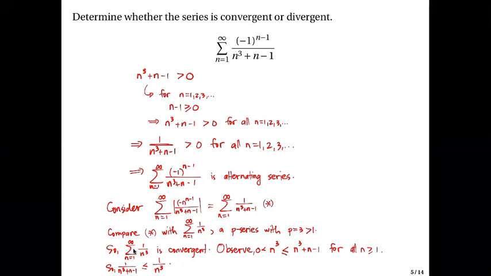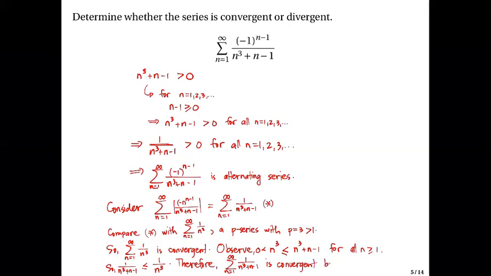So this series is convergent, meaning the one bigger is convergent, okay? This guy here, which is smaller, will also be convergent. Therefore, the series 1 over n cubed plus n minus 1 as n runs from 1 to plus infinity is convergent, okay?